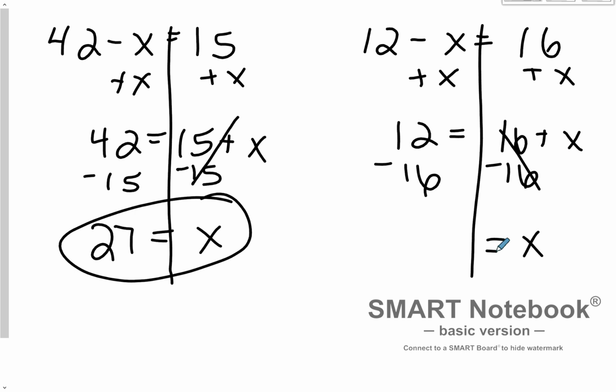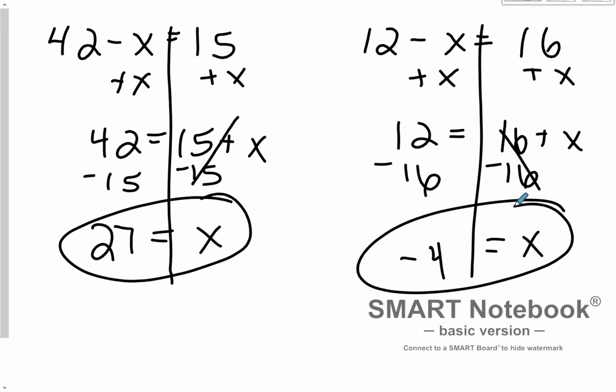I'm left with x equals negative 4. If I had done it the other way, I would have subtracted 12 and gotten negative x equals negative 4, so negative x would equal positive 4, so positive x would equal negative 4.